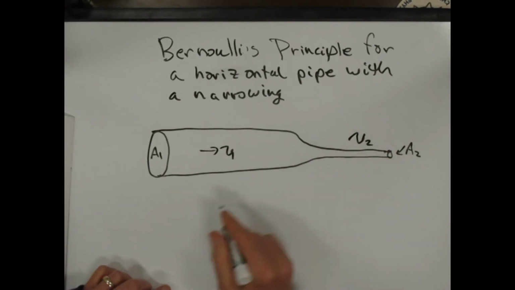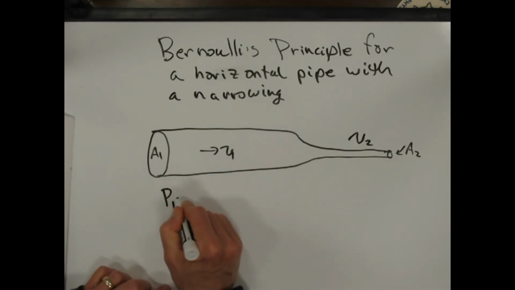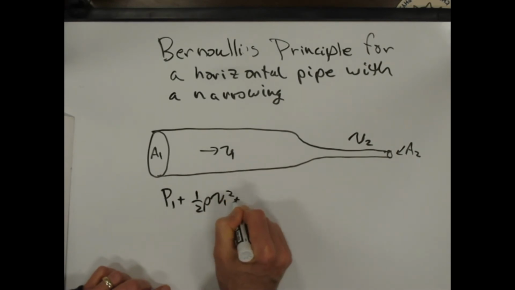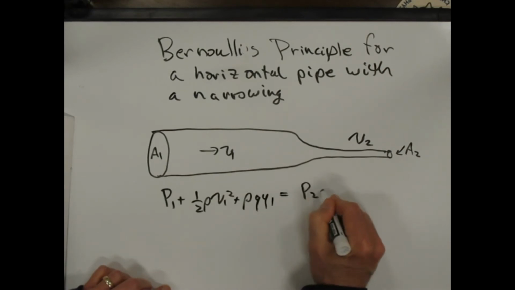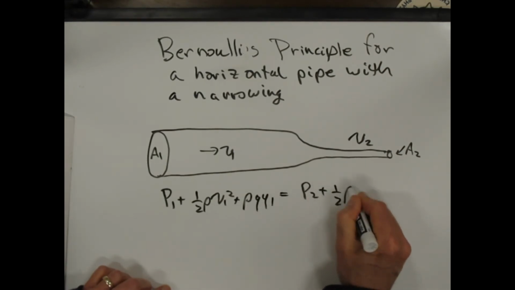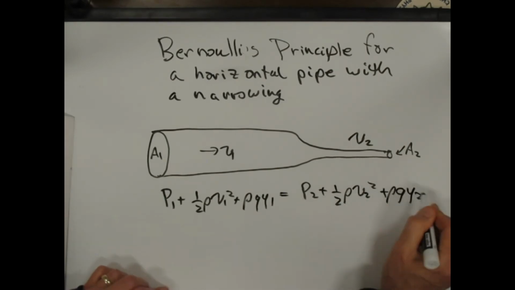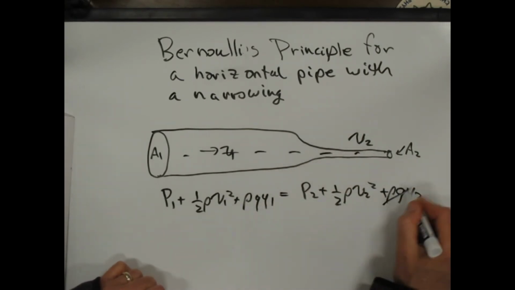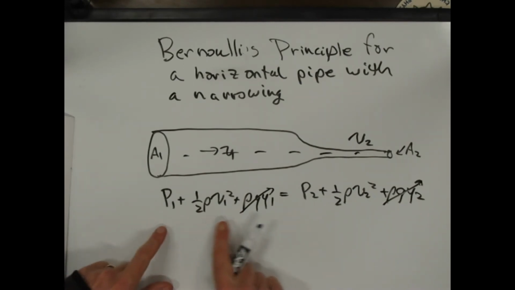If I use Bernoulli's principle, I can say P1 plus 1/2 rho V1 squared plus rho g y1 is equal to P2 plus 1/2 rho V2 squared plus rho g y2. And if these things are concentric, then y2 and y1 are the same, if I'm just looking at a simple case for the horizontal pipe.